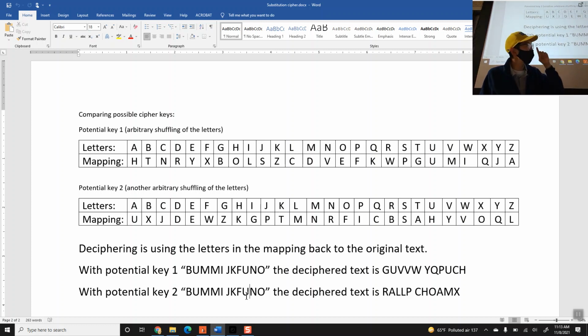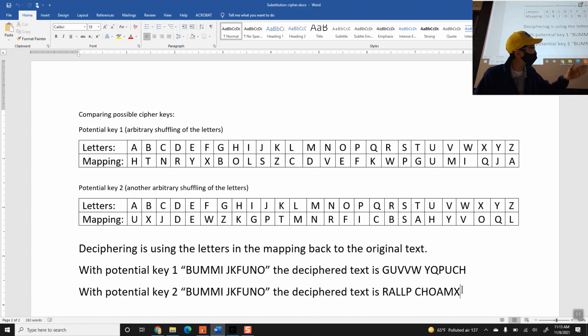If we make the assumption that the original text should look like English, which one, potential key 1 or potential key 2, would you say looks more like English and is therefore the more likely key? The second one.